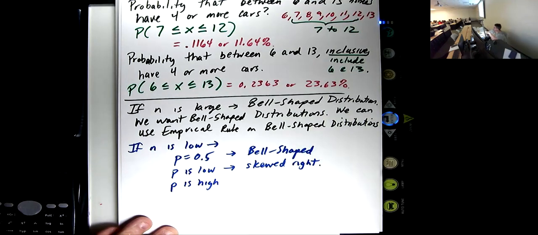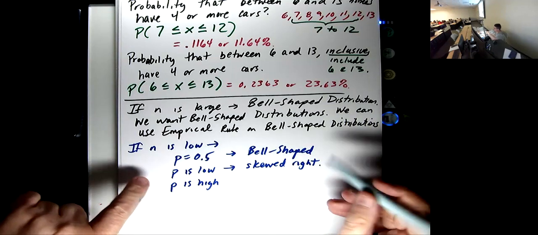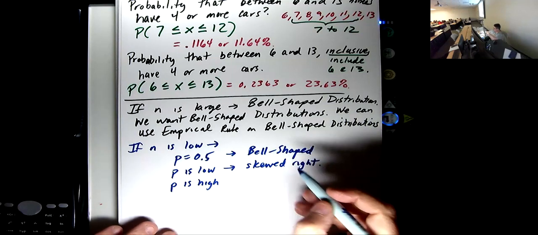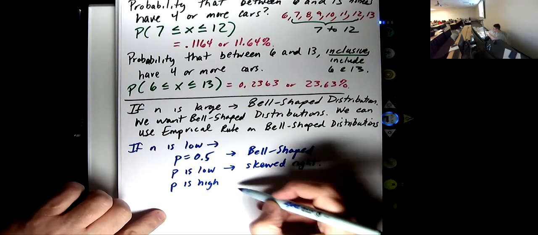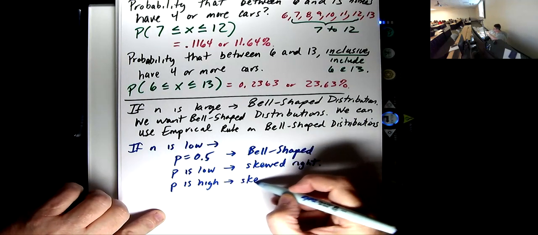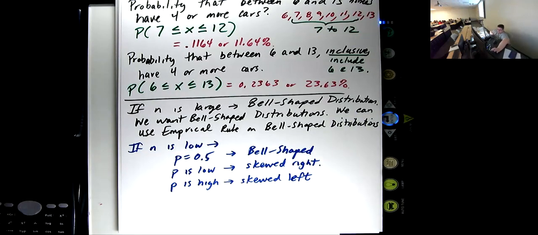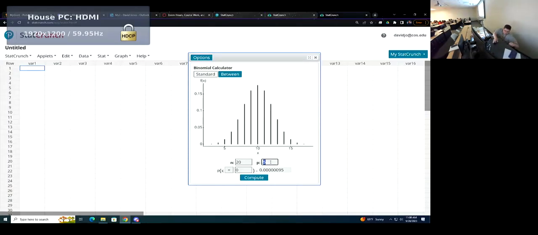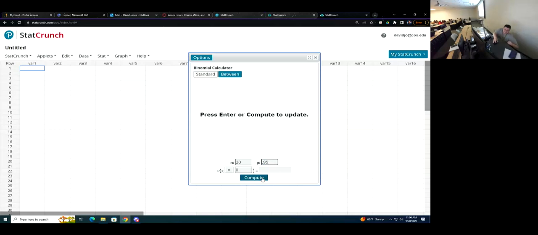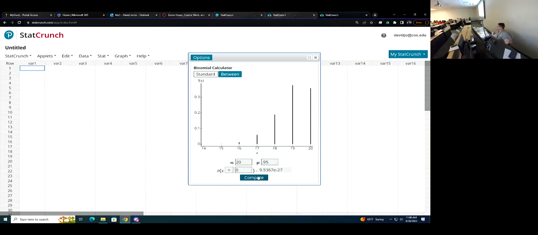What do you think is going to happen if n is low and P is high? My intuition is skewed left. Low gave us right, high should give us skewed left. But let's go check. Make that 0.95. Yep, that's definitely skewed left.